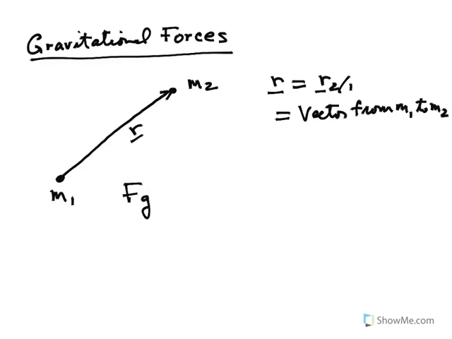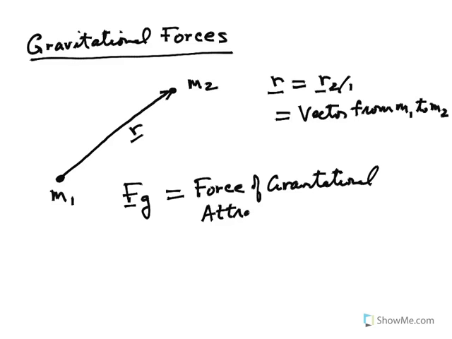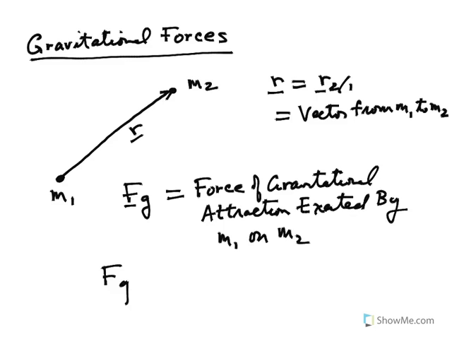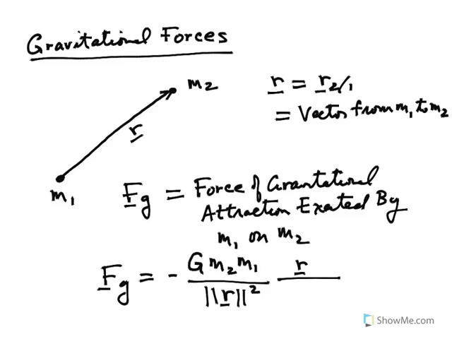So F sub g is what's called the force of gravitational attraction exerted by m1 on m2. And it has the following model. It's equal to minus a constant G times m2 times m1, all divided by the magnitude of r squared times the unit vector along the direction from m1 to m2.